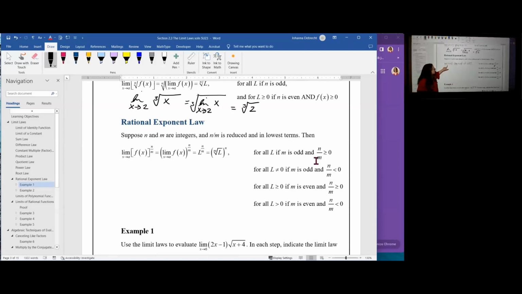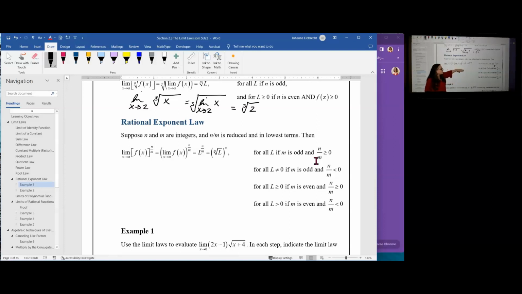If I have the limit of f of x raised to the n over m power, then I can pull the limit inside of the power like this, and I'll get the limiting value raised to that power under these conditions. If m is odd, that means I have an odd radical, and then that means I've got n over m being greater than or equal to 0.